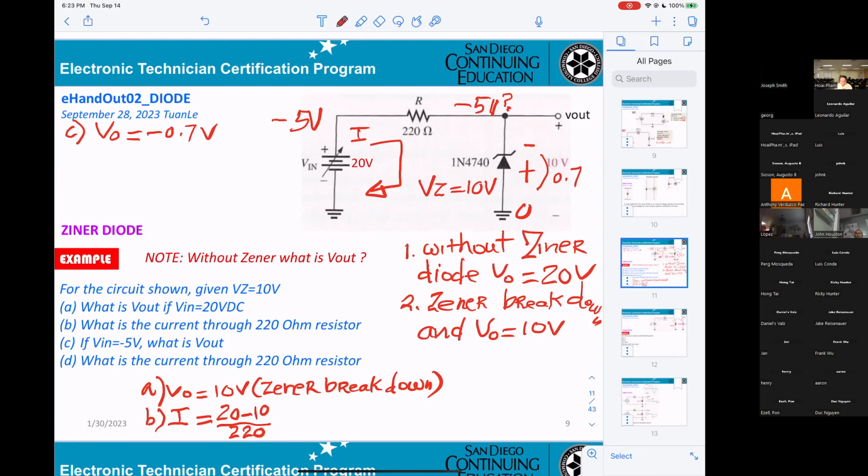And the last one, D. They want to get the current through the 220. So now you can say you get negative, positive 0.7. So on this side, you get negative. So the current will be flowing this way.